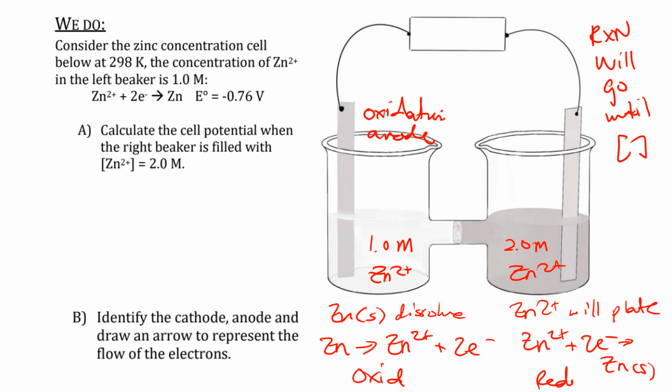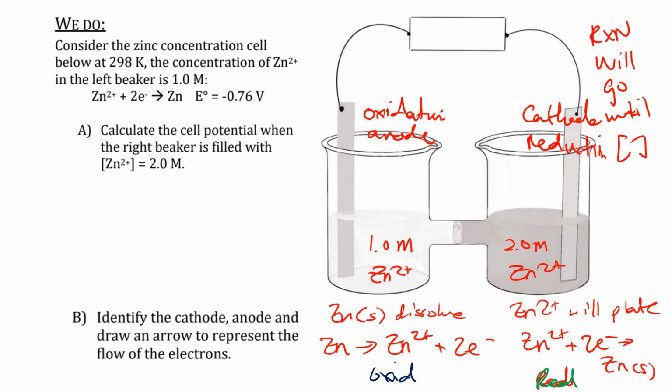That means the right side is my cathode, and this is where reduction is occurring. I'm going to color code this a little bit. The reduction will be the green one, and I'll make the oxidation a different blue.